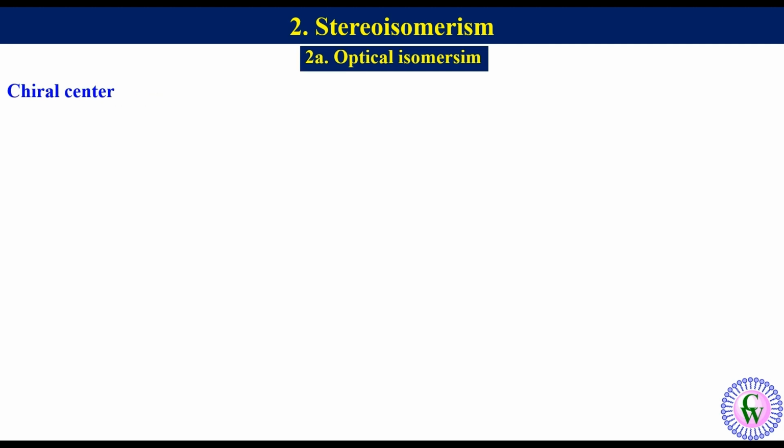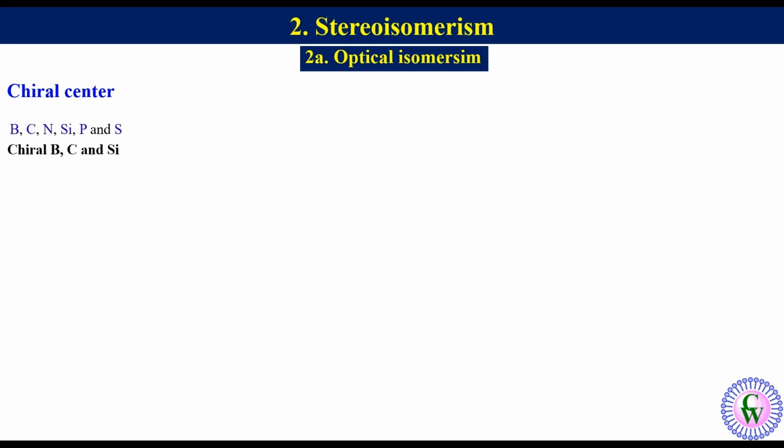Chiral center: boron, carbon, nitrogen, silicon, phosphorus, sulfur, etc. act as chiral centers if they have certain substitution patterns. Boron, carbon and silicon are said to be chiral centers if they have four different atoms or groups attached to them.